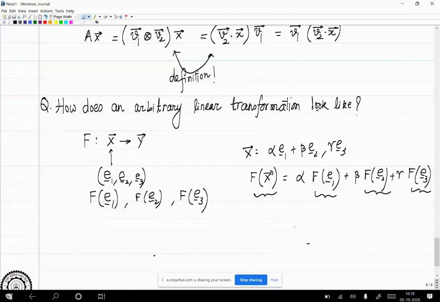So to uniquely identify a linear transformation, all that you have to know is what it is doing to any set of three independent vectors, which could be your E1, E2, E3, or any other set of three independent vectors. So I'll just write that here.